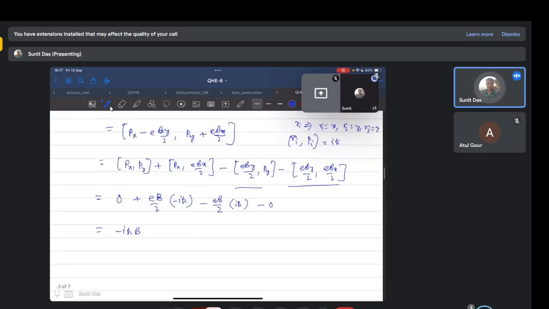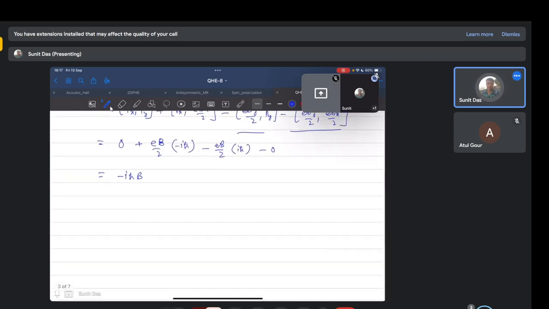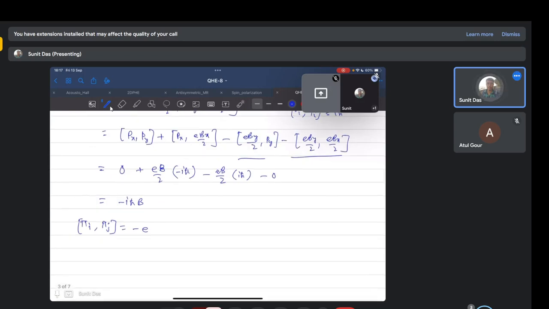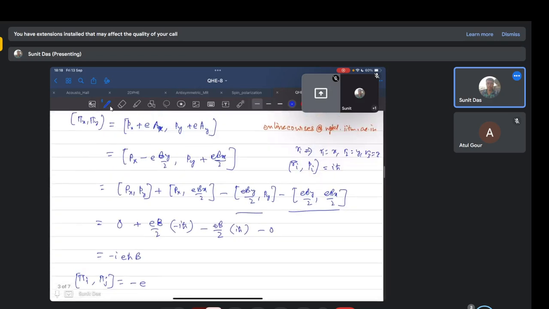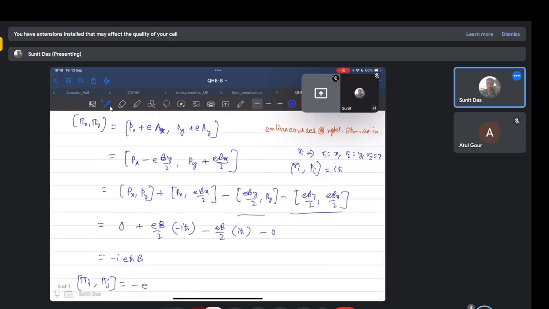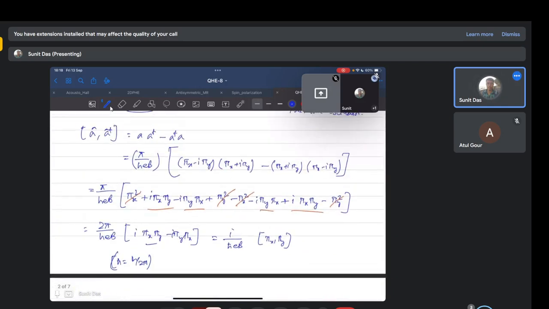So in general, we can also write this as the commutator of pi i and pi j equal to minus e. Sorry, I missed one. Just a second.